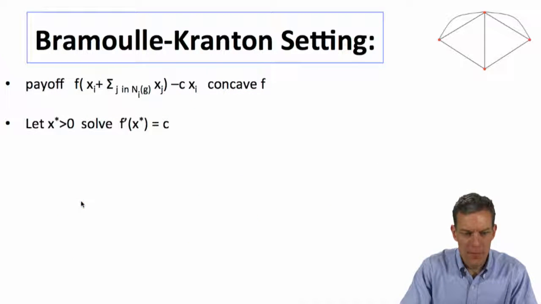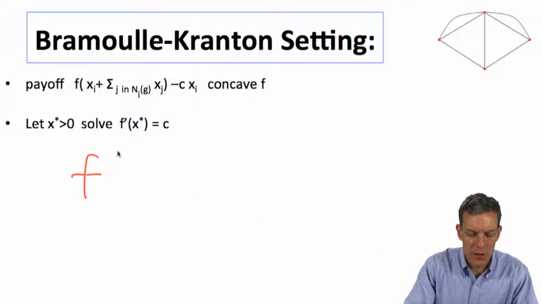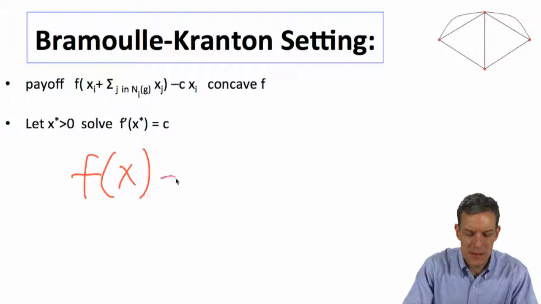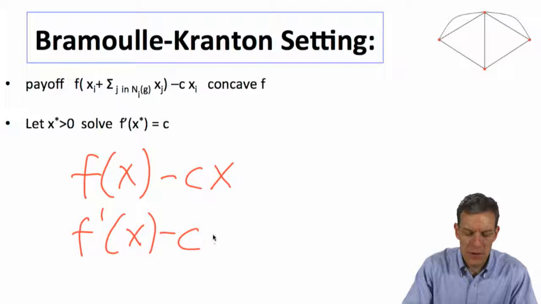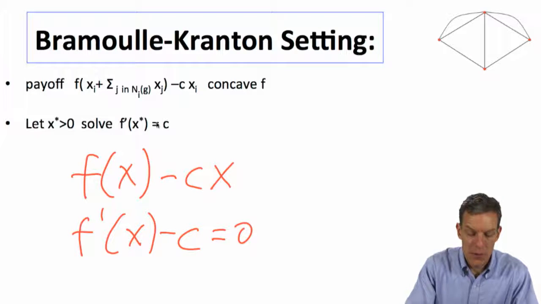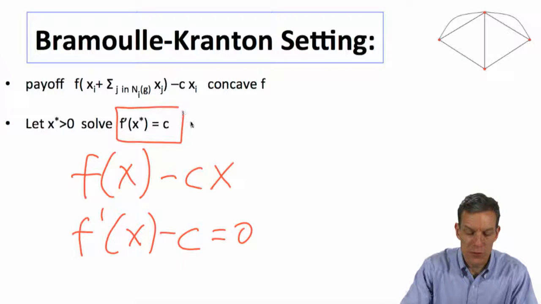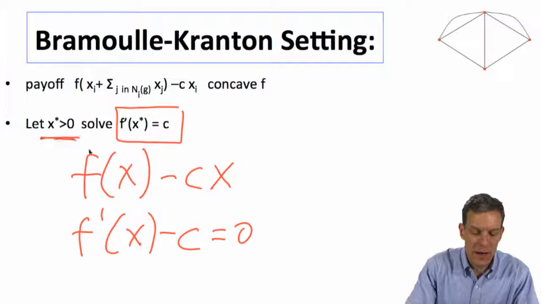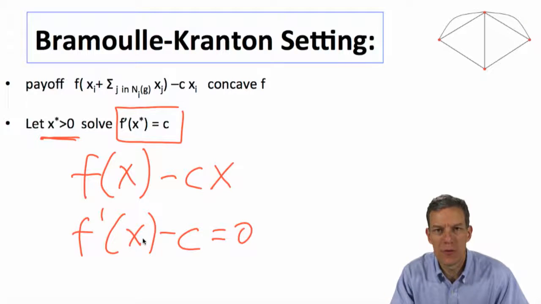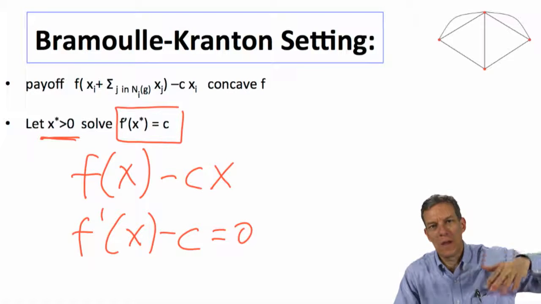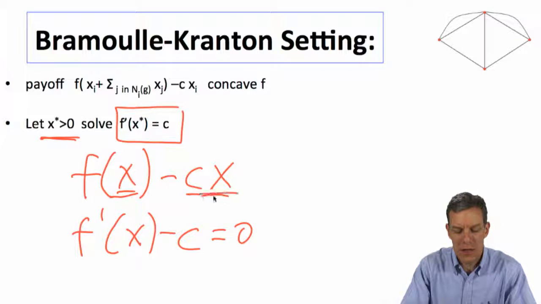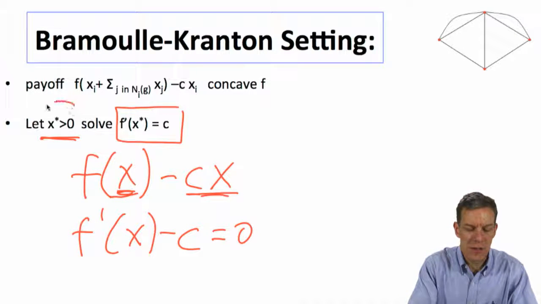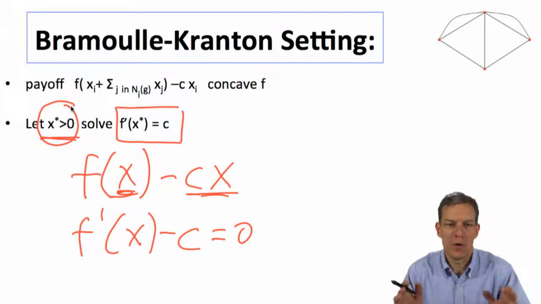So maximizing, let's suppose that I want to choose the x which maximizes f of x minus c x. Well, maximizing that, I'm going to set f prime of x minus c equal to 0, or f prime is equal to c. So let's let x star be the solution, that if a given individual was choosing how much total effort should be provided, they had to pay the cost for that whole effort, they would choose x star. Okay, so we'll call x star this level.